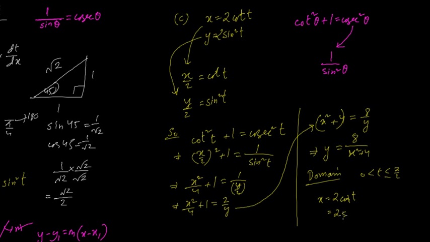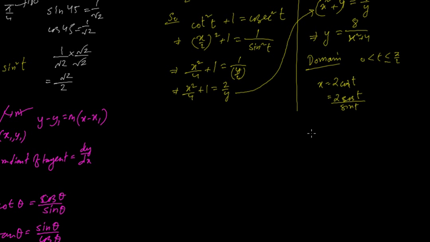So 2 cot t means 2 cos t by sine t. So if you put the value of t equal to 0, x becomes 2 cos 0 divided by sine 0. So cos 0 is 1, sine 0 is 0.